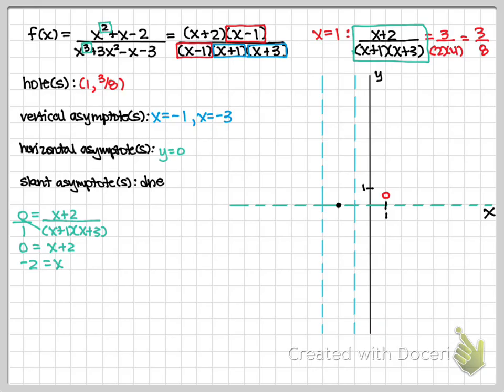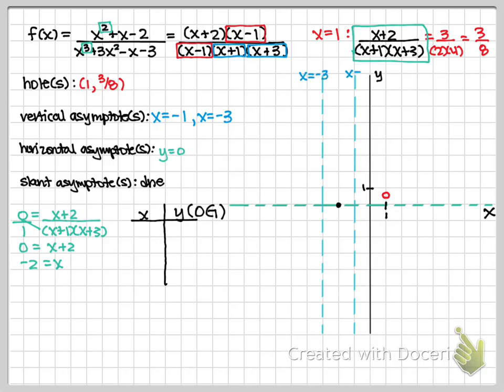Okay, so since we have a point on the horizontal asymptote, we need to plug in some other points around it to see what this thing looks like. So I'm just going to make a little tiny XY table. That's it, just a small one. And you have to make sure that you plug it back into the original. So this is the original function. All right, so I need to figure out what's happening to the left of the vertical asymptote. This vertical asymptote is x equals -3.